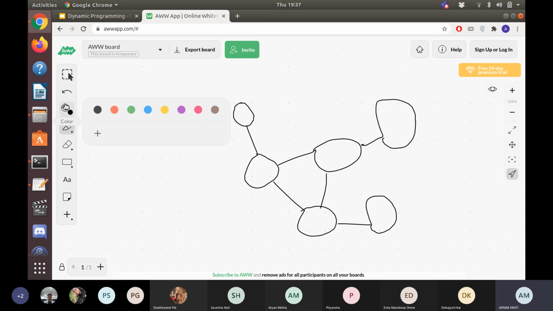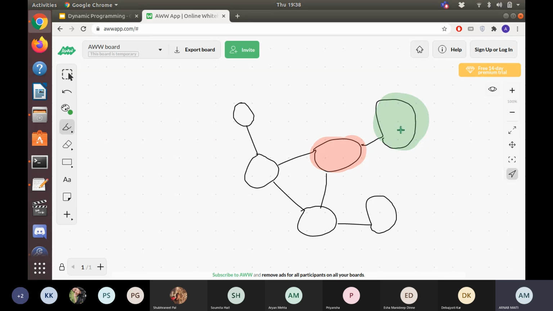Suppose we color it with green. We can color them with any color, but the only constraint we have is that if there is an edge between two vertices, then those two vertices should not have the same color. This is the only constraint imposed on the coloring. So the question is, what is the minimum number of colors you need to color this graph?